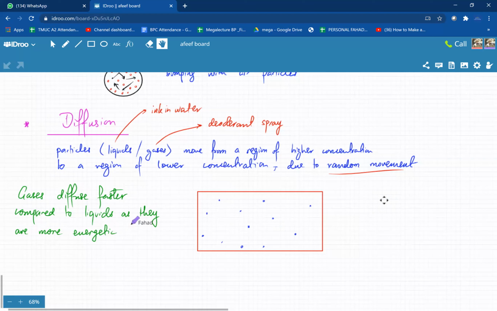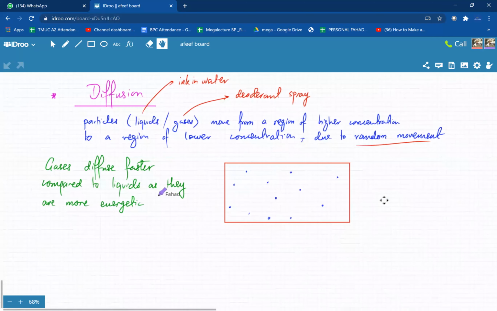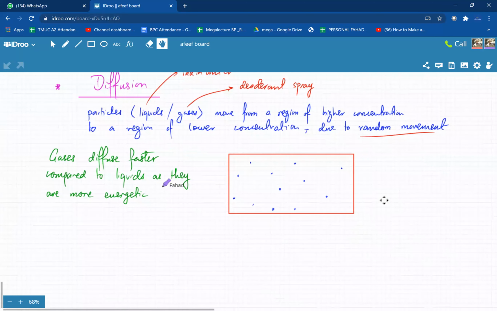So diffusion is faster in gases. Then you have other factors. Do you know of any factors that affect diffusion? The wind, and temperature as well. Okay, let's pick temperature. How does temperature affect it?